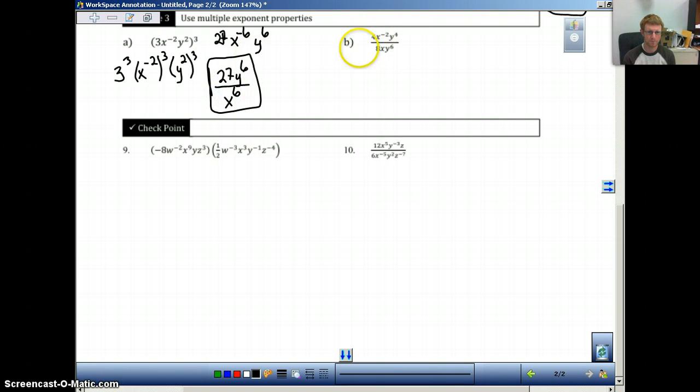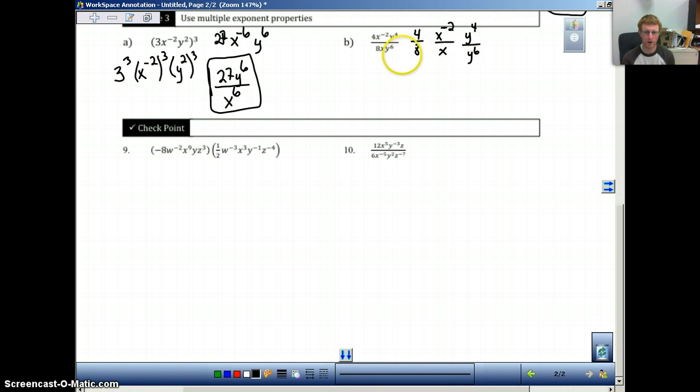Okay, the next one. Again, simplify each piece. Simplify the numbers, so 4 over 8. I'm going to write these as separate fractions so you can see. 4 over 8, x to the negative 2 over x, and y to the 4th over y to the 6th.